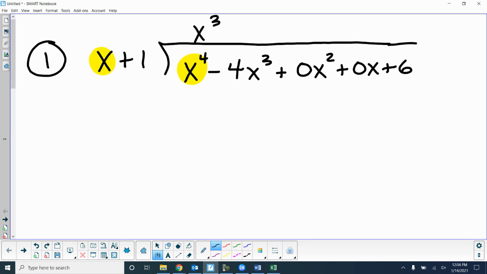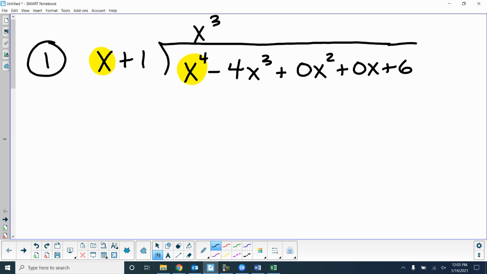All right? Now, I take that answer. The answer to the division problem that you do goes up above. Then you take the answer and you multiply it by both of these terms. And then you put it underneath these two terms. And everything will line up then for you.